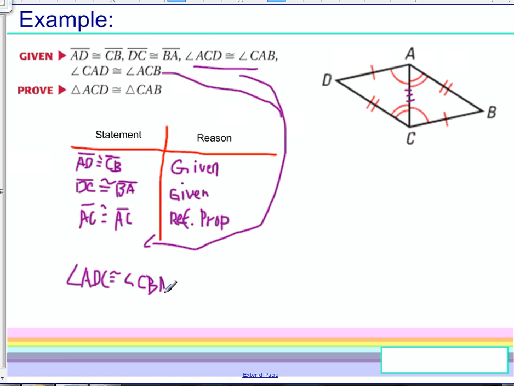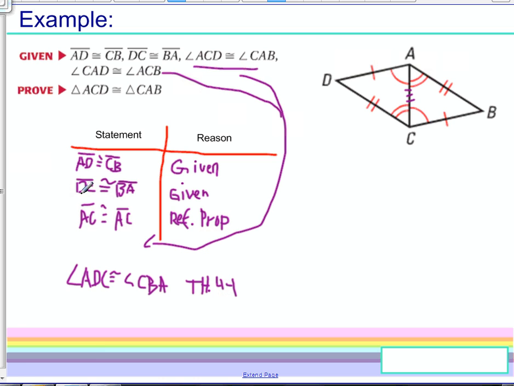And we just learned from our Theorem 4.1 that when two angles of a triangle are congruent, then the third angle of those corresponding triangles are also congruent. So I can say Theorem 4.1, or more specifically, I would just say if two angles are congruent, the third angle is also congruent.